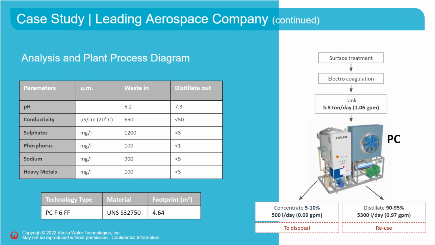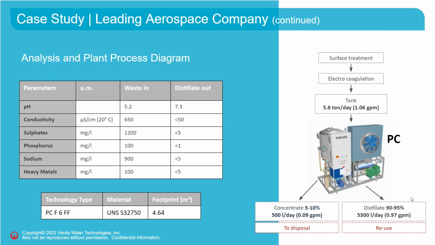So again, this is a surface treatment process. We're taking the effluent of their initial treatment plant and feeding it into our unit. This is the PCF 6 unit. We are typically rating this one at about a 95% recovery, so about a gallon per minute of distillate.